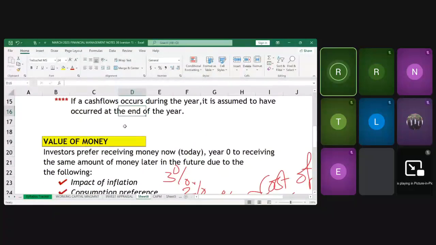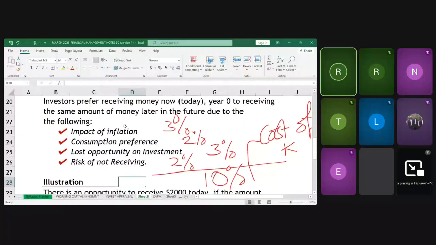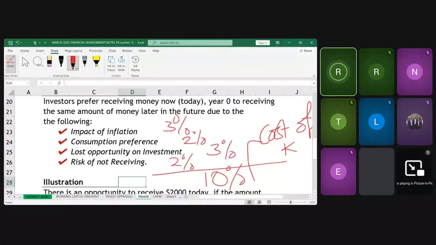If we go back to the reasons why we would want to receive money today, we can see that we no longer have these things. We no longer have the impact of inflation. We no longer have the consumption preference, because we can consume the amount today. No more lost opportunity on investment, because we can still invest our money today, and the risk of not receiving is no longer there.